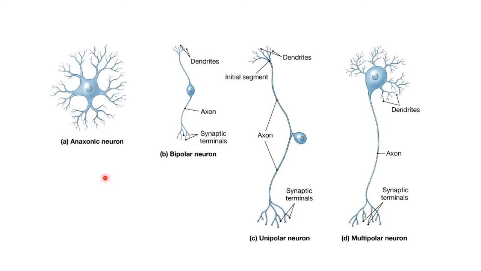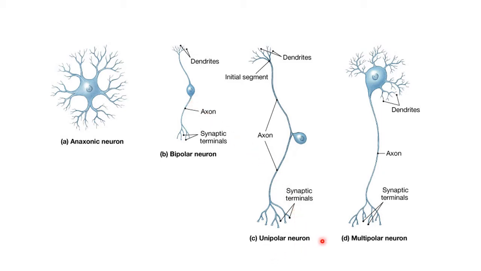In this diagram we will see the types of the neurons. The first one is the anaxonic neuron. We have many dendrites, but there is no true axon. In the bipolar neuron, we have one dendrite and one axon arising from the cell body.